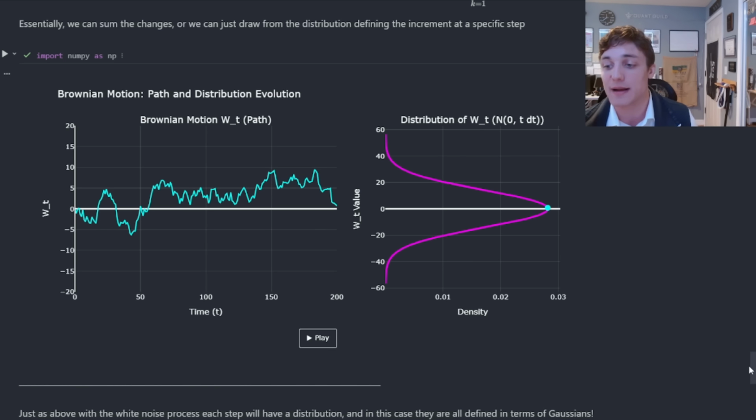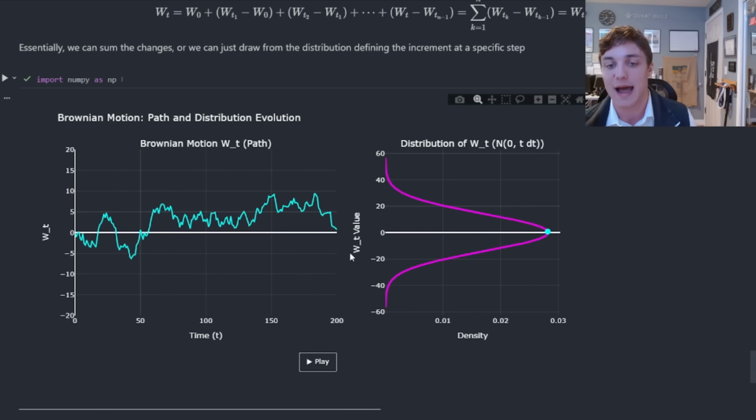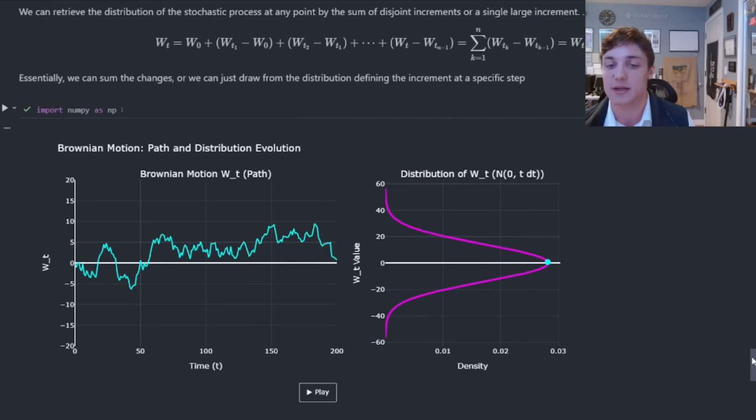That comes directly from this definition. You can see here we can achieve this distribution at time, in this case all the way at the end, time capital T. We observe that we can either look at all of the increments in the process, or we can just look at the increment from 0 all the way to the end of the process. We get the same distribution.